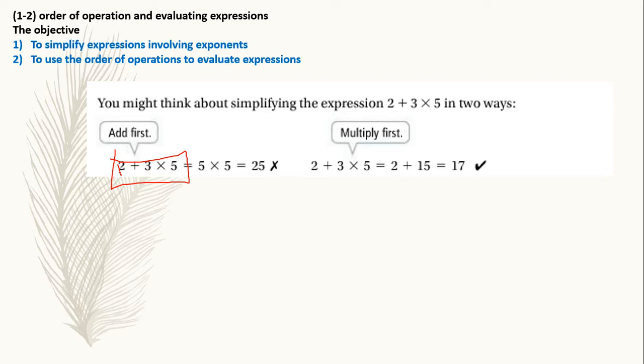Can you add 2 plus 3 first to say 5 times 5, which is 25? Or you say 3 times 5, which is 15, plus 2, which is 17. This one is correct because it follows the order of operation.